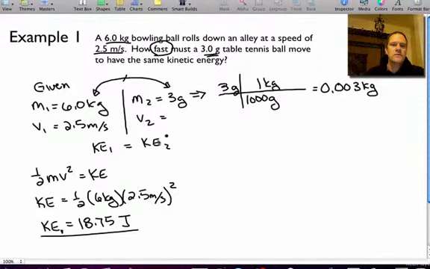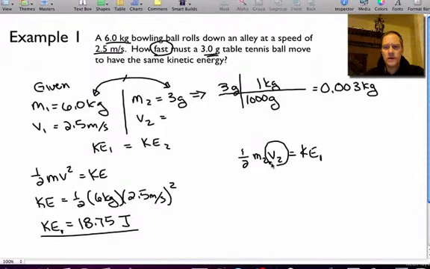So now we'll come up here and deal with kinetic energy 2. So 1/2 m2 v2 squared must equal kinetic energy 1. So I'm going to leave it in terms of variables and switch this around and come up with our answer here. So solving for, we want v2 all by itself.